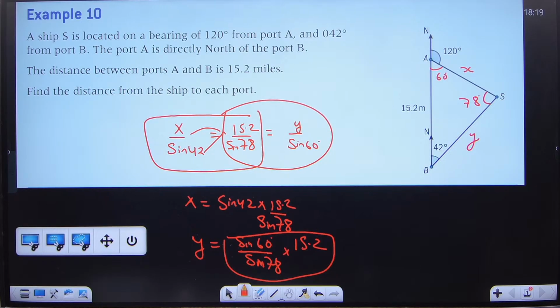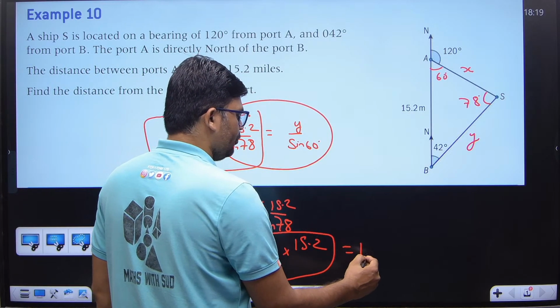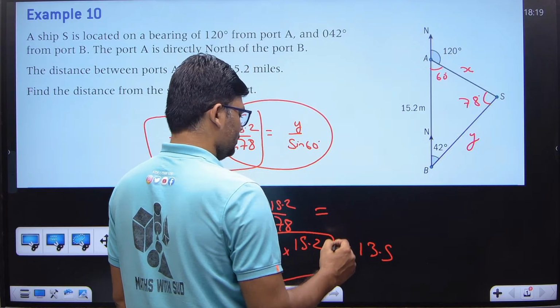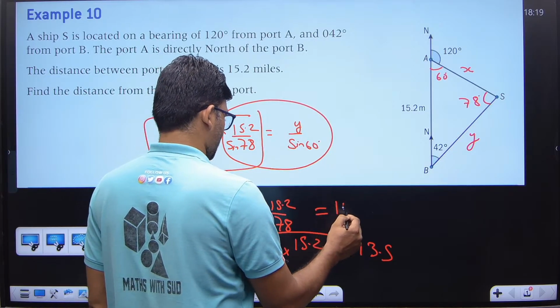Is the first answer 10.4? We will check, you just write it down. Can you hear me? Y is 13.5 and x is 10.4.